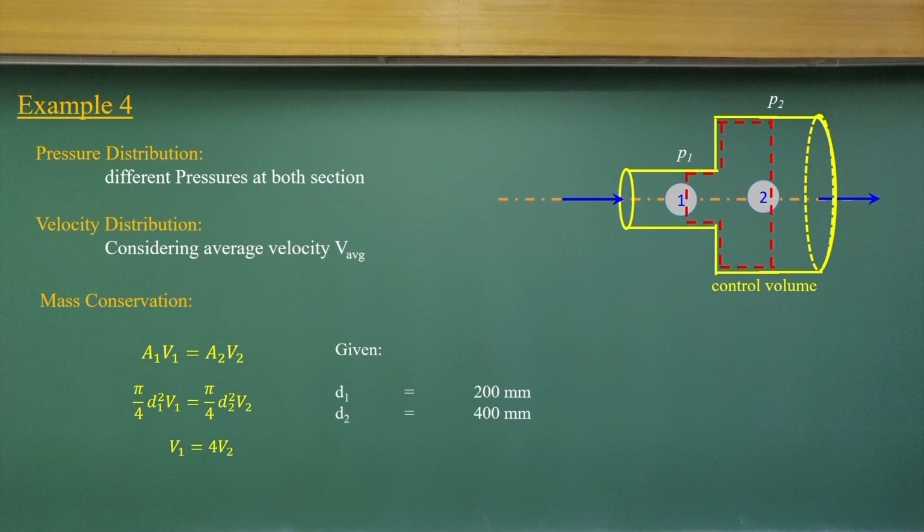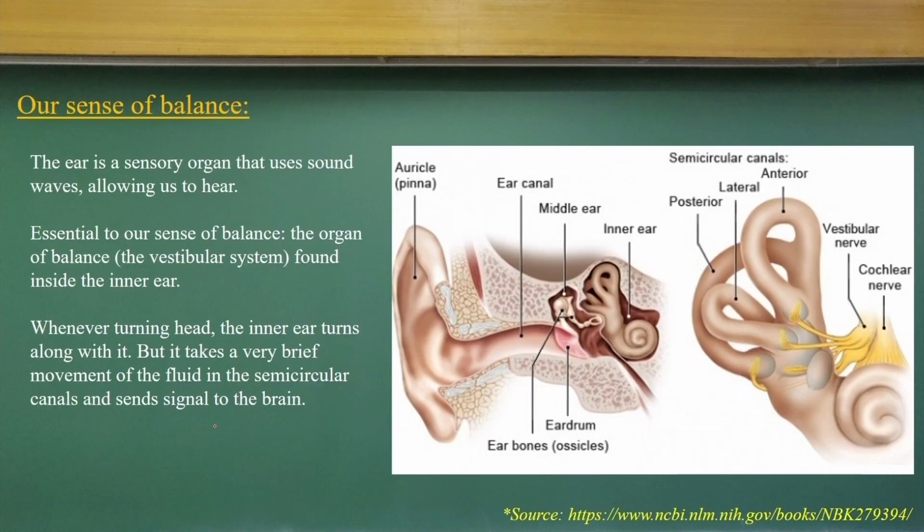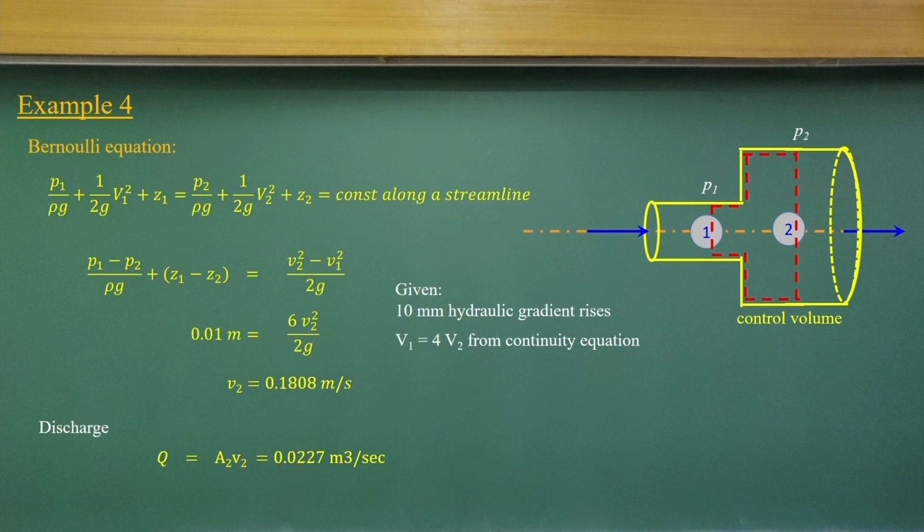So, we have the mass conservation equation, considering the average velocity and not considering kinetic energy correction factors. As you know, A1 V1 equals A2 V2, and substituting these diameters you can get a relationship between V1 and V2. Then I substitute into the Bernoulli equation along these streamlines.